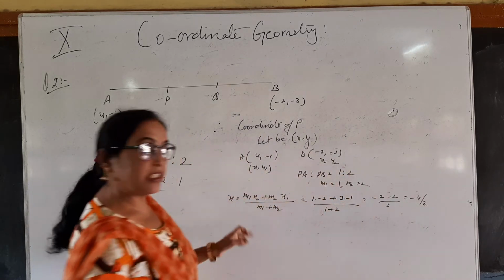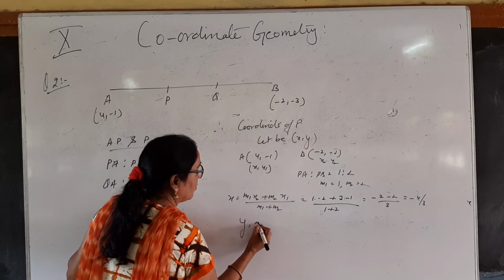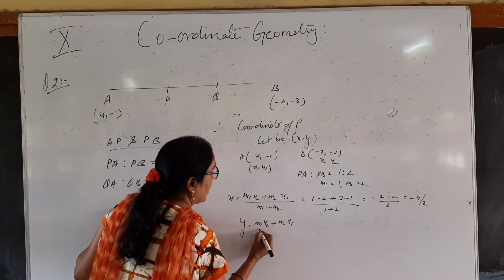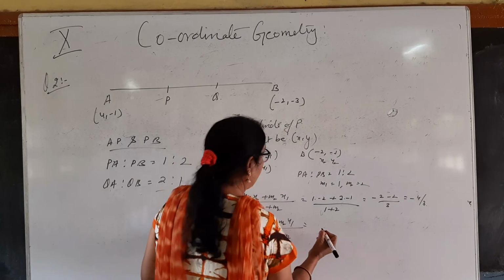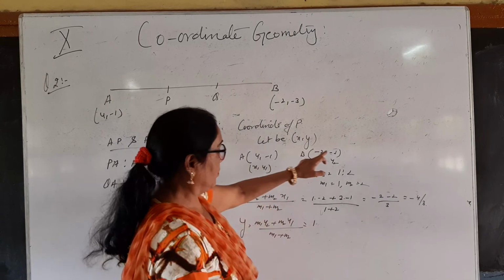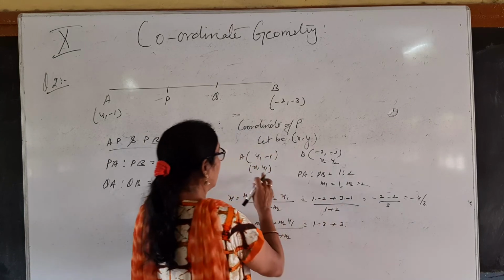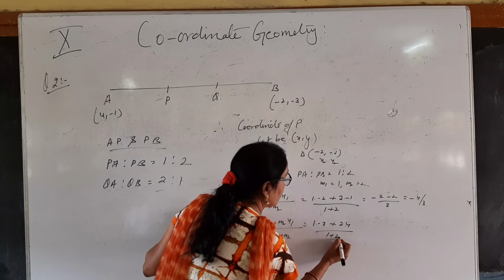So it will be −2 upon 3, it is −4 by 3. So the coordinate of x is −4/3. Similarly, we will find y equal to (m1·y2 + m2·y1)/(m1 + m2). So 1 into y2 is −3, plus 2 into 4, upon 1 + 2.